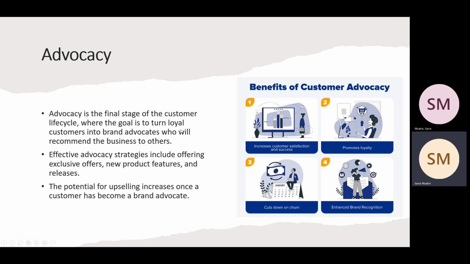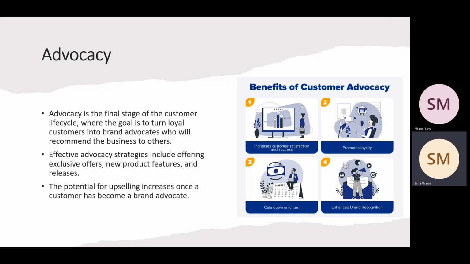Now let's talk about advocacy. The final stage of the customer life cycle is advocacy. Once the retention stage of the life cycle is reached, we want these customers to become a brand advocate for the business. If they are truly satisfied, they will likely not have any issues recommending the products and services of the company to other friends or family.